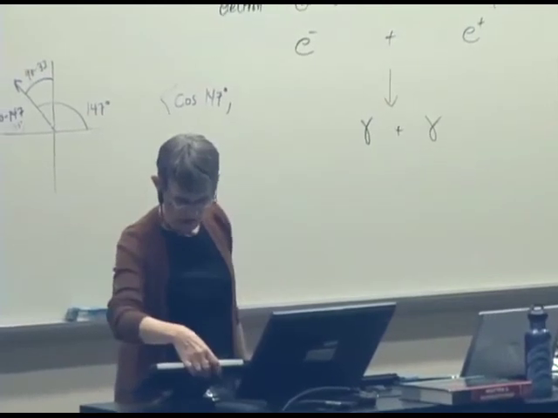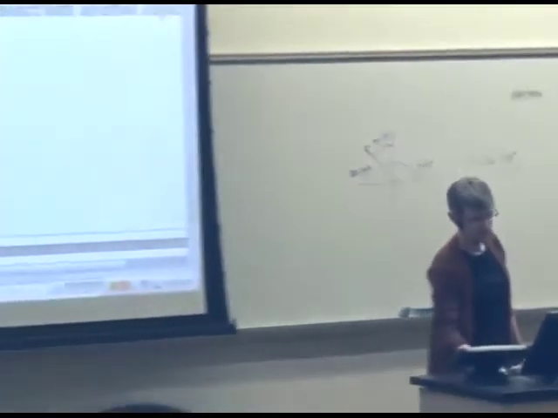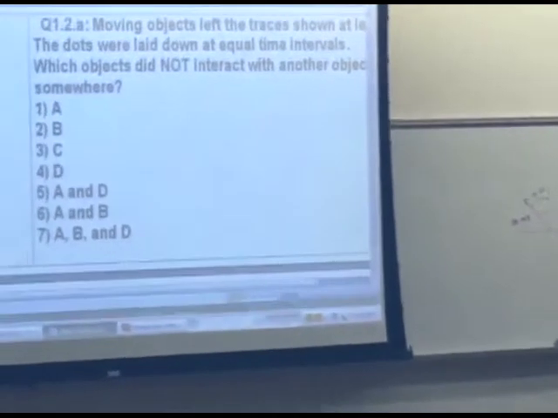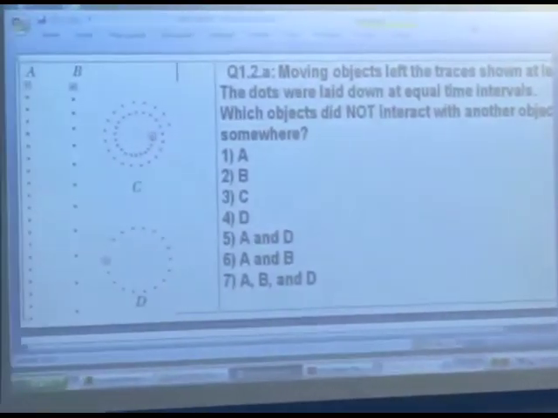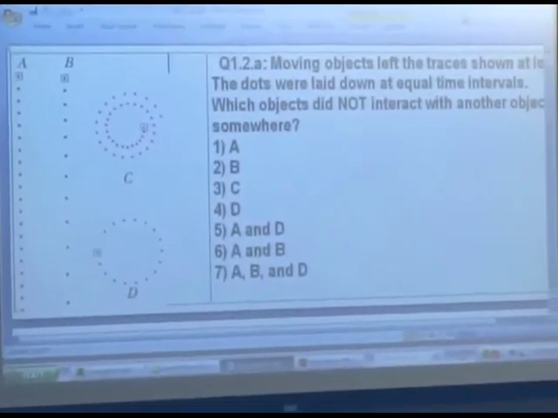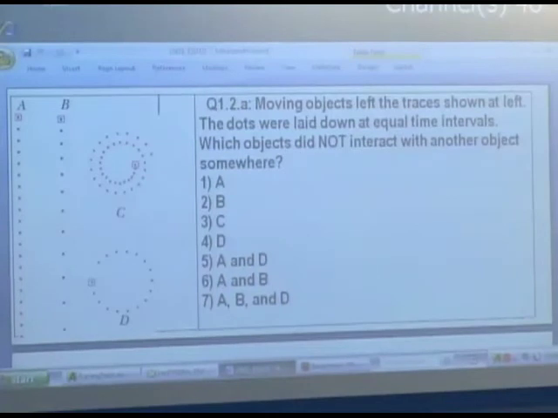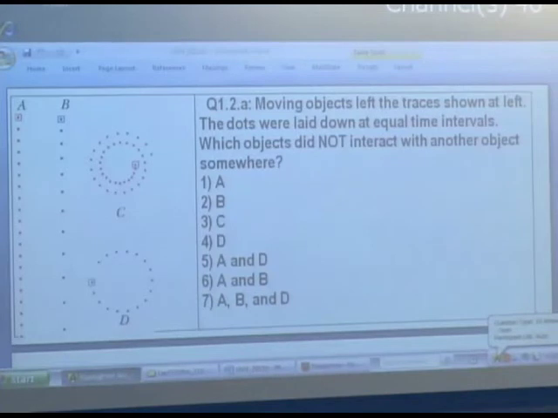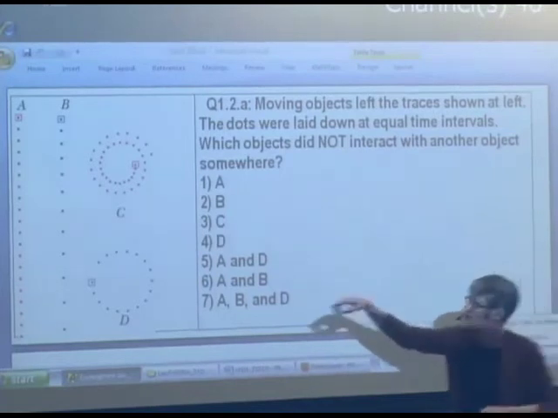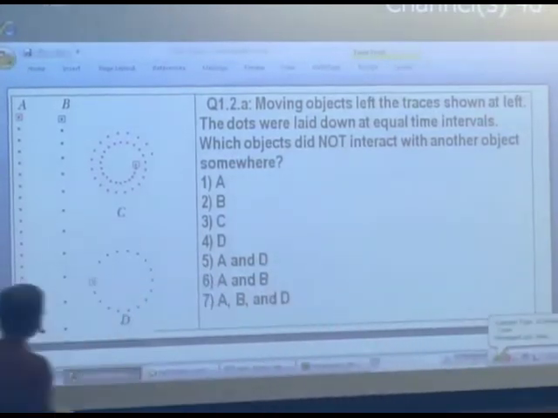here is our first clicker question, which is a question about interactions. Okay, I'm going to start polling. Here's the question. Some moving objects left the traces shown there. These objects left dots at equal time intervals.